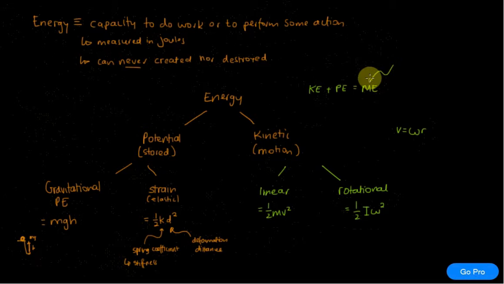So this over here is just the total mechanical energy of a system. Most systems will have some combination of kinetic and potential energy. Sometimes there might be no potential energy and it's just kinetic energy, but it's the summation of these two that gives us the total mechanical energy of a body or of a particular system.